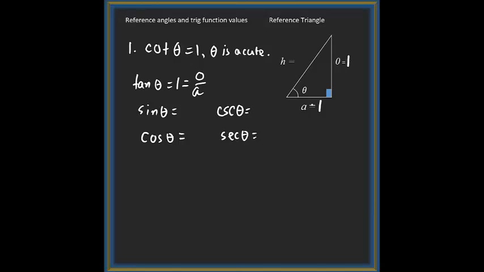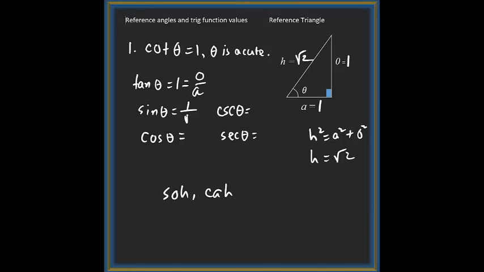If O is 1, A is 1, you can use the Pythagorean theorem: H squared equals A squared plus O squared. You will see your H is radical 2. Now sine theta will be O over H. O is 1 and H is radical 2.